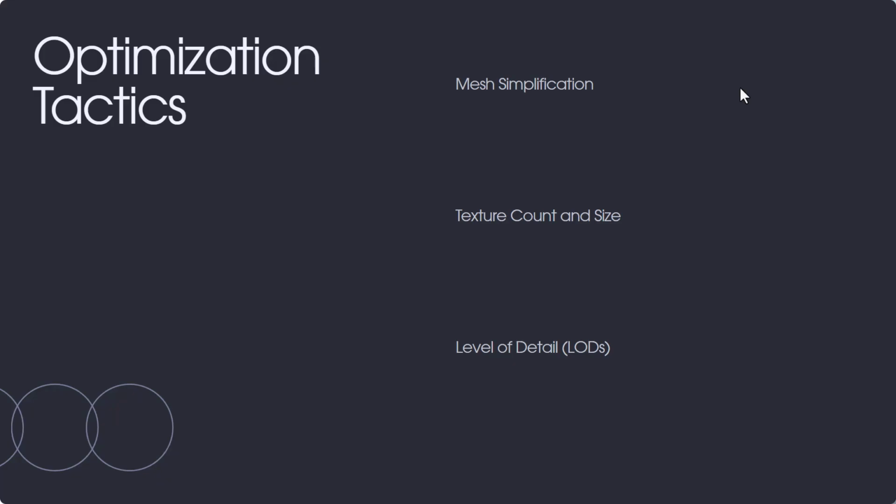We briefly went over texture count and size. Texture count and size is very important based on whatever type of output you are looking to achieve. So obviously for a game, you wouldn't want to be doing 16K textures for a tree. That wouldn't be very performant.